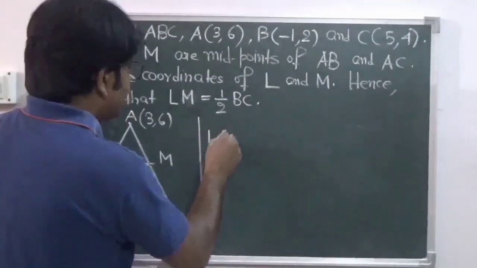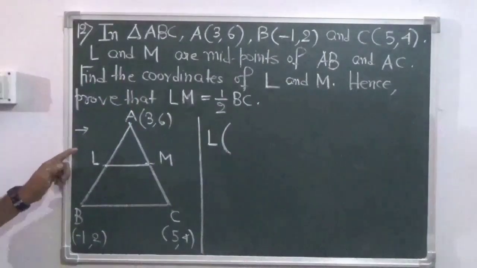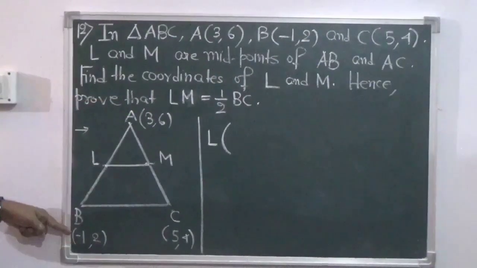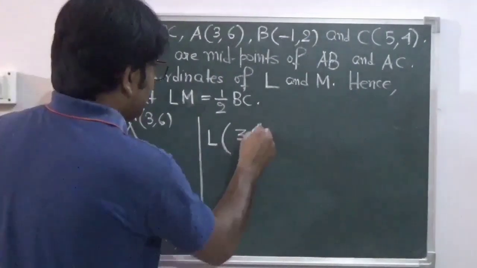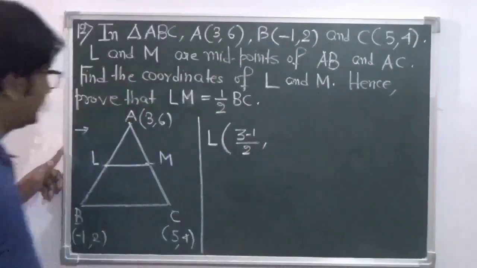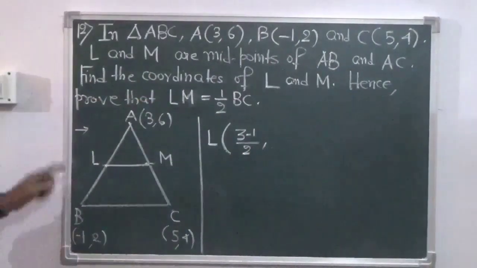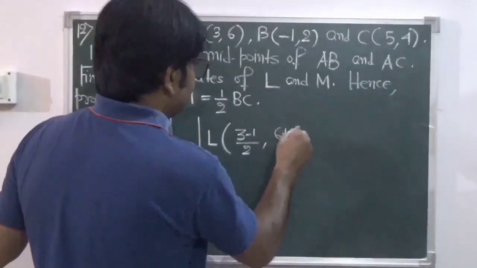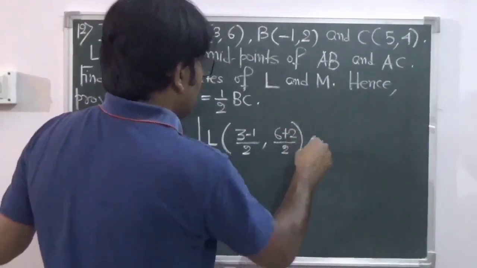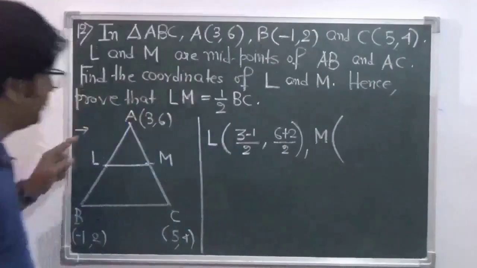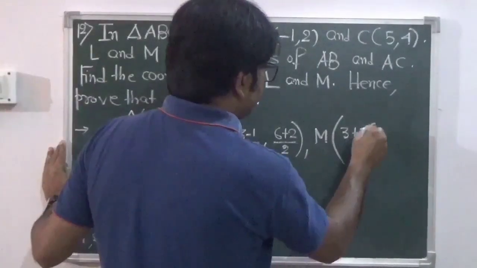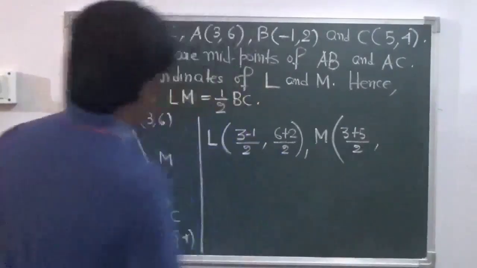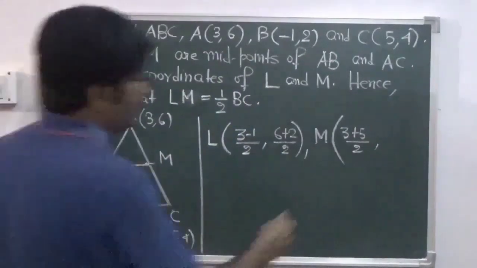For the coordinates of L, L is the midpoint, so 3 plus of minus 1, so 3 minus 1 by 2, and 6 plus 2 by 2. Then M: 3 plus 5 by 2, and 6 plus 4 by 2.